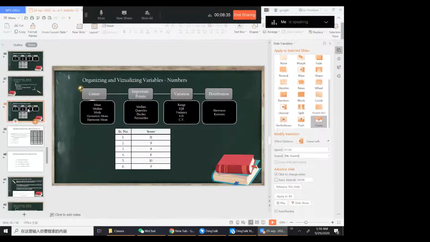We have covered the tabular forms, and I'm pretty sure that you know what I'm talking about. Then previously we learned about numbers as well, that is how to measure central tendencies, which is in front of you right now.